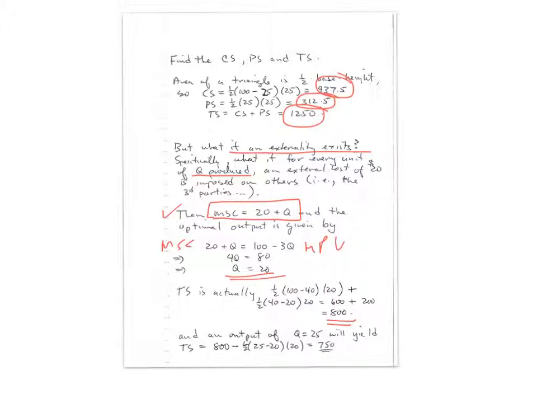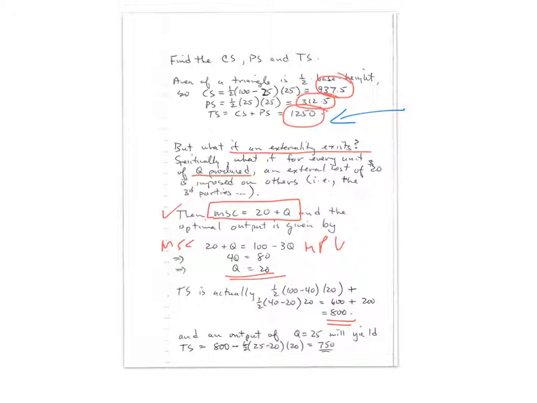Now that there's an externality, we can also ask, what is the total surplus associated with the equilibrium quantity of 25? Back when there was no assumed externality, the total surplus was 1250, but now there is an externality, and so what the market equilibrium is going to do is overshoot with respect to the socially optimal level of quantity.